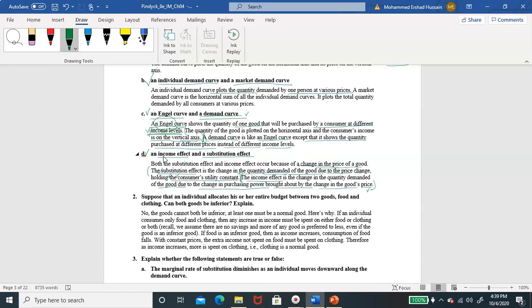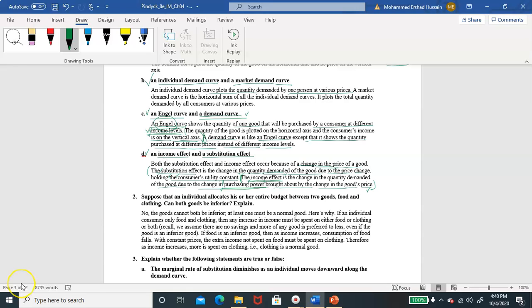We will say that the real income of the person has gone up, although nominal income did not change. Nominal income, the number of dollars that he's earning, did not change, but his real income, the purchasing power of money, will increase, and then he will buy more if it is a normal good. So that change in the behavior of the consumer we call the income effect.